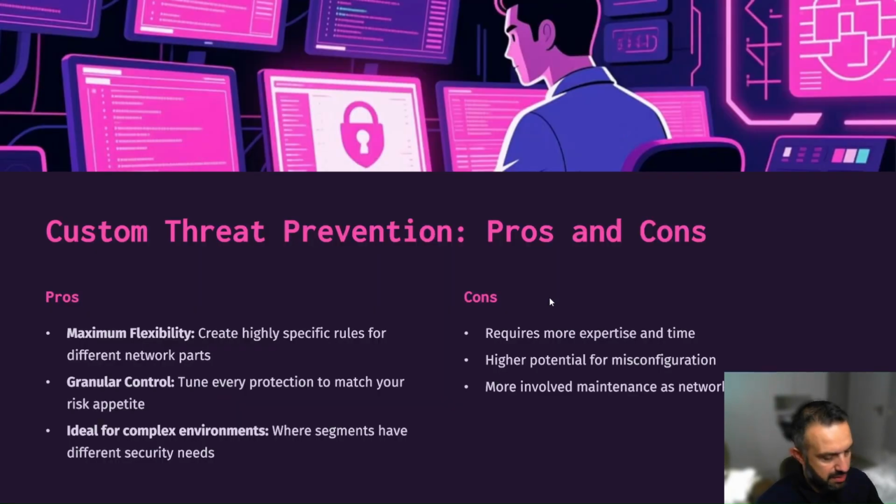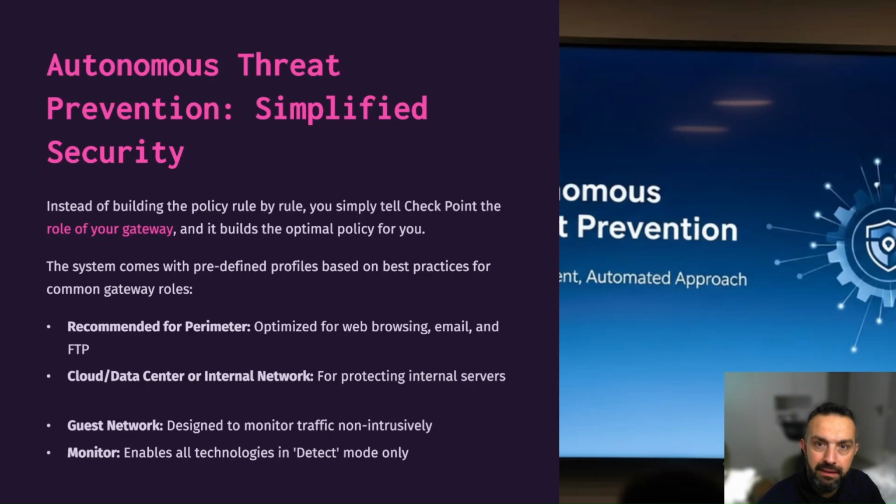Now let's take a look at the new, more streamlined approach, the autonomous threat prevention. This is Checkpoint's answer to a common challenge: how do you get the best possible security without spending all day managing complex rule bases?